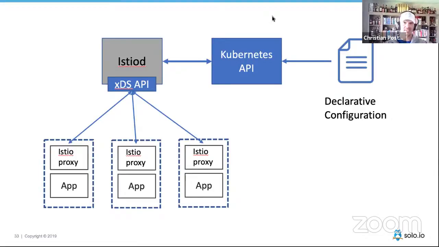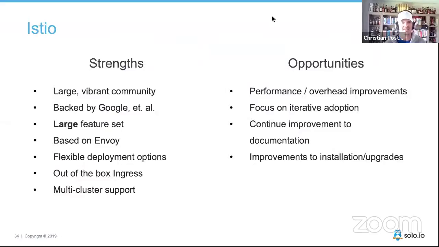If running in Kubernetes, then you use the Kubernetes declarative approach to specifying configuration, and then Istiod watches the Kubernetes API and pushes that configuration down to the proxies. Now, Istio does have some support for VMs and extending the mesh to those workloads that are not in containers and Kubernetes, but that is still evolving.